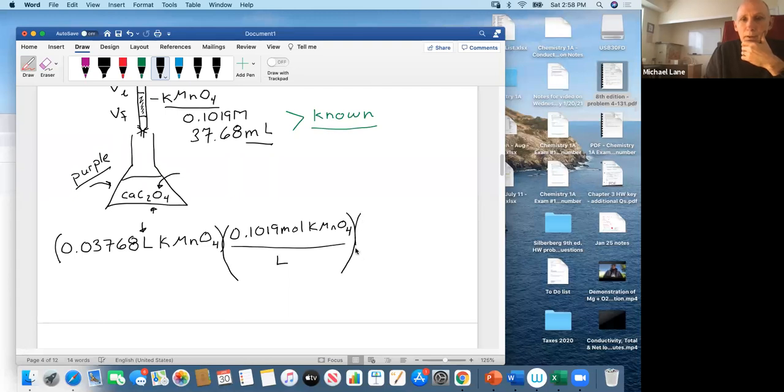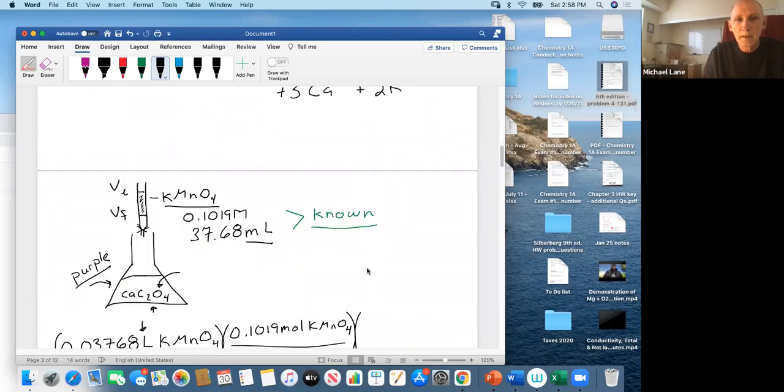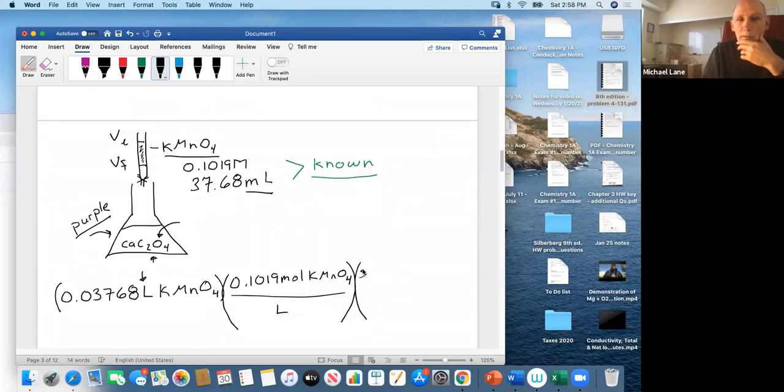And from our balanced equation, there's our balanced equation, 5 moles of calcium oxalate, pardon me, I've been using calcium, so let me do it that way, 5 moles of calcium oxalate reacts with 2 moles of potassium permanganate.